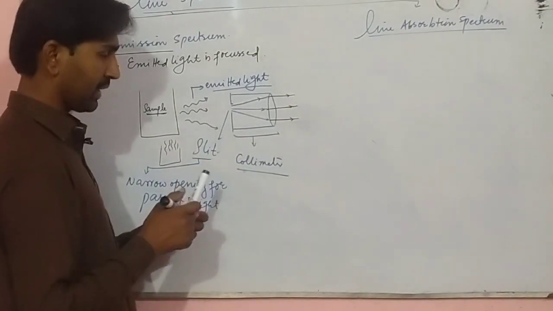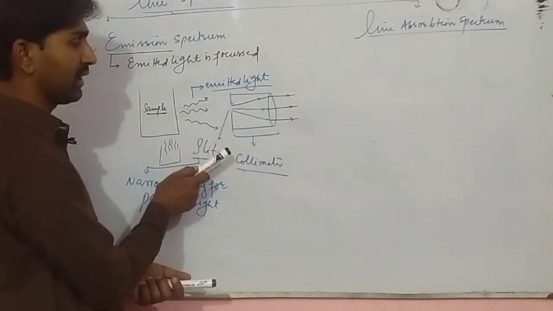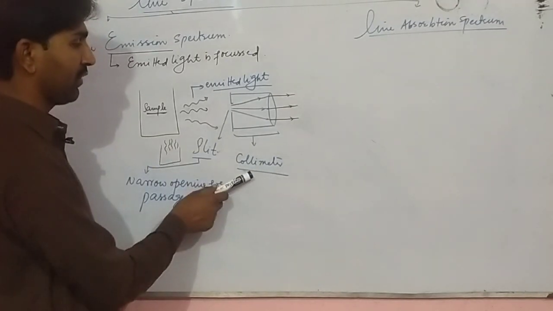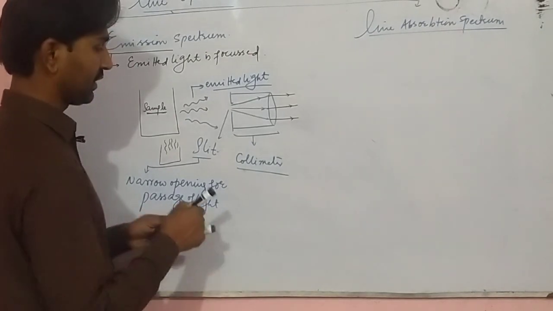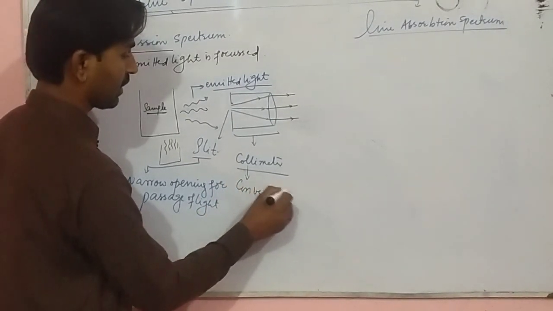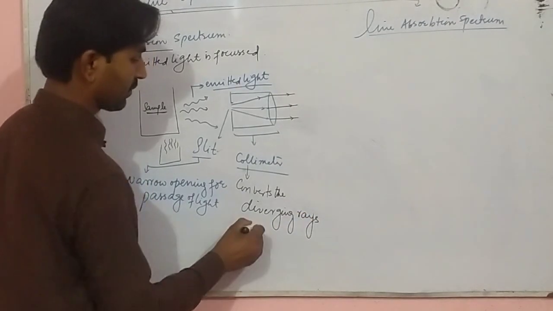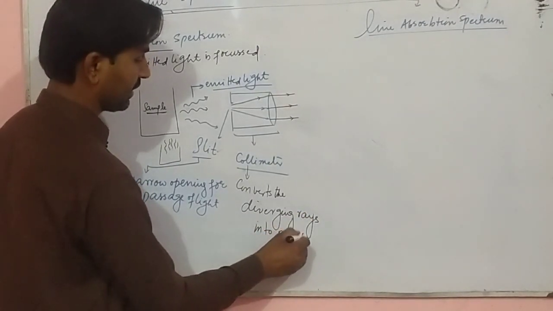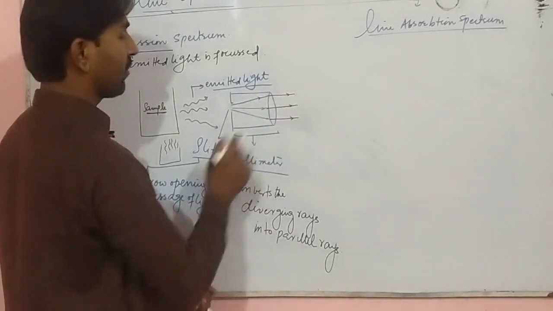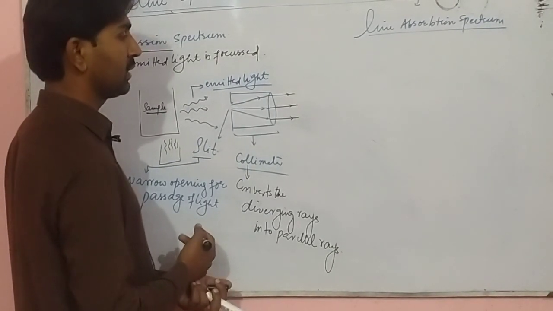So what is a collimator? A collimator is a construction consisting of a slit and a biconvex lens, and its function is to convert diverging rays into parallel rays.